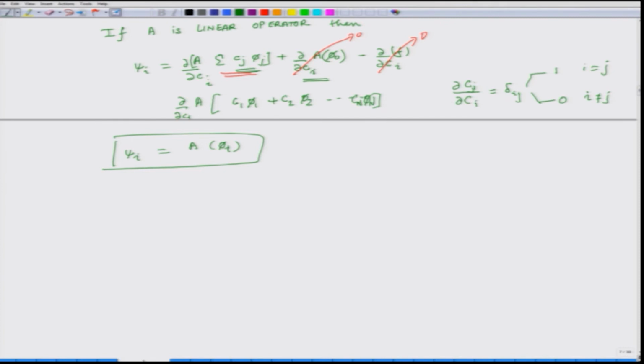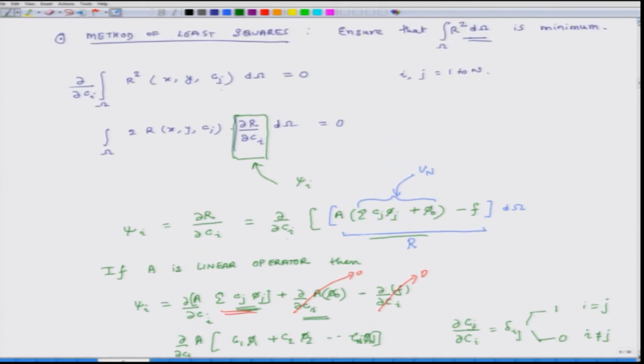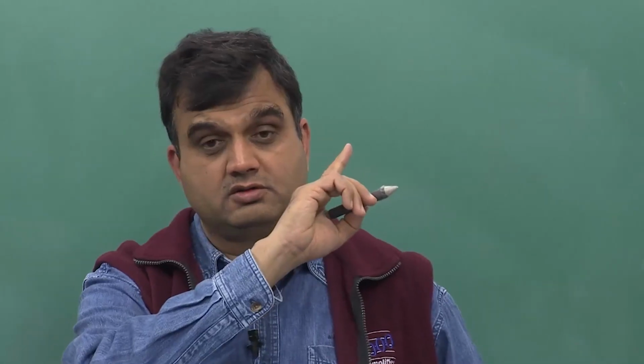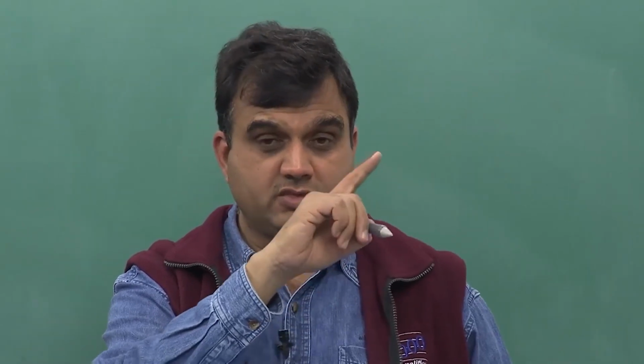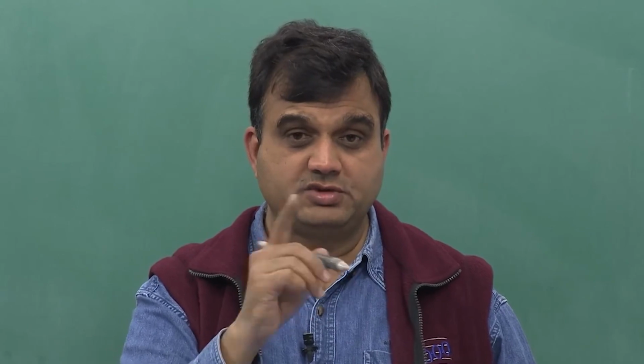Okay. So, this is the third method, which is known as the method of least squares. Also, when you look at this, what am I doing? I am minimizing the integral of r square. Mathematically it looks very similar to our first situation where we were minimizing I, which was a bilinear and symmetric functional.